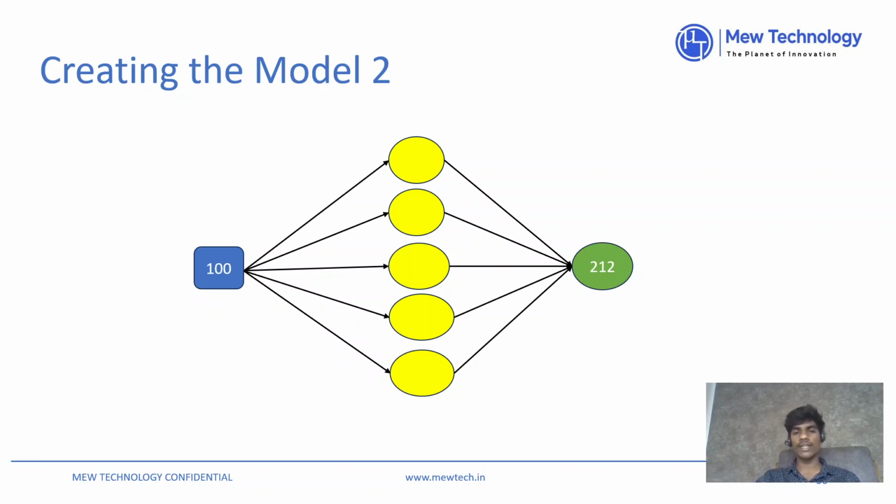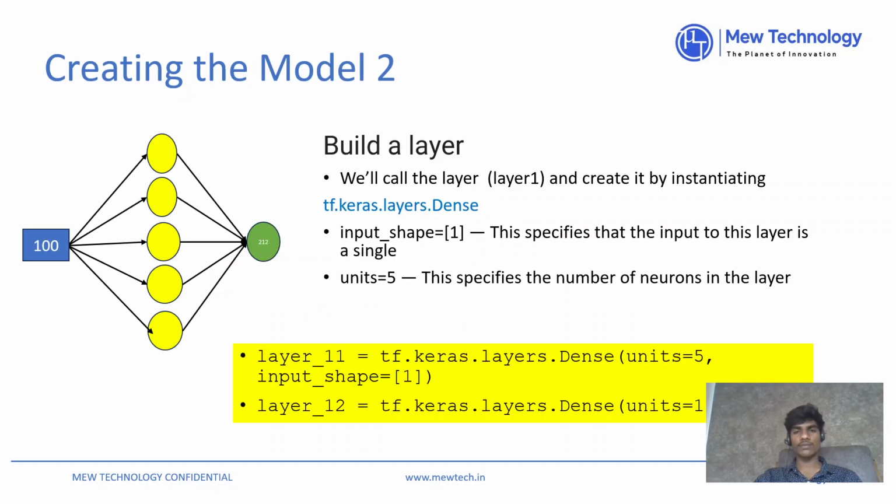Here I initialize two layers. The first layer has five neurons. The second layer has only one neuron, which is the output neuron, the output layer. This is the code for building the layers. Just see the difference between the first version and the second.